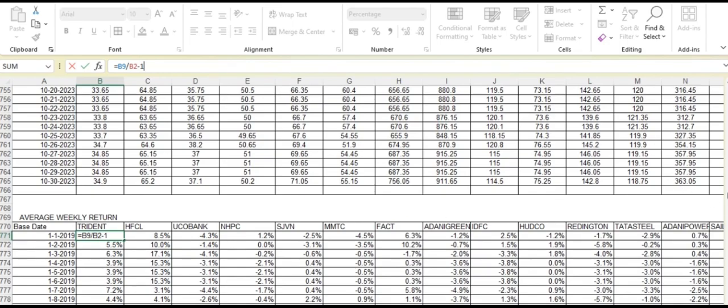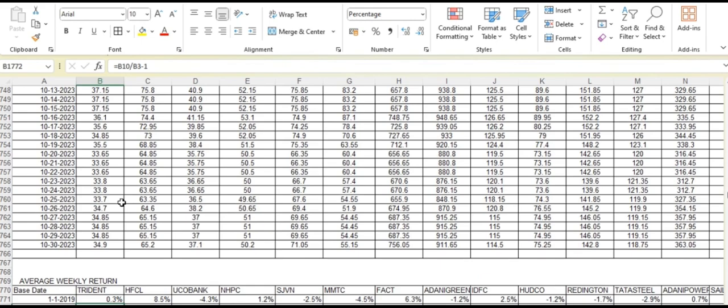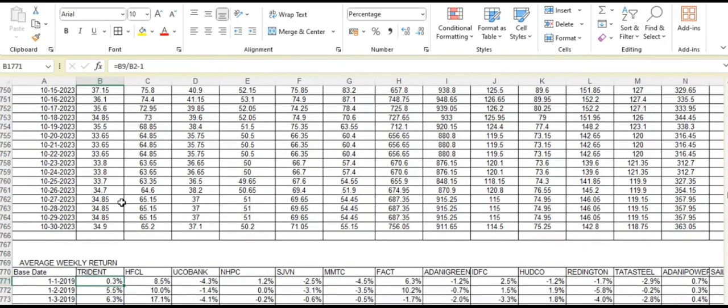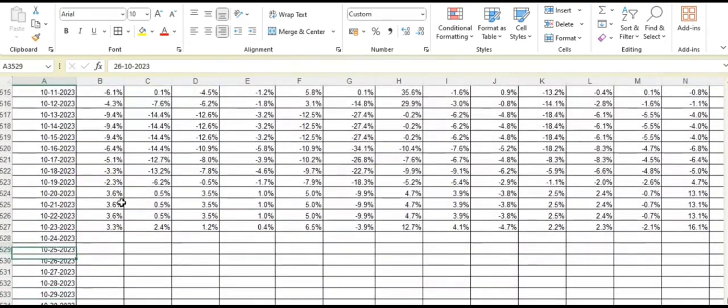So if I go up, you will see B9 refers to 8th of January closing price and B2 refers to 1st of January closing price. So likewise, you can create the weekly returns, basis anchor dates starting from 1st of January going all the way down to 23rd of October.